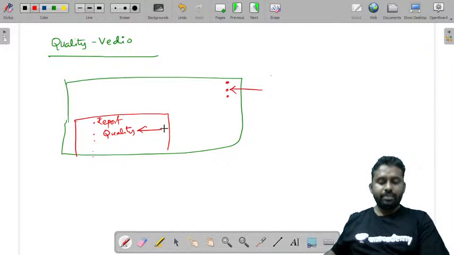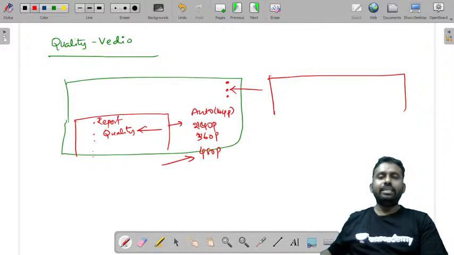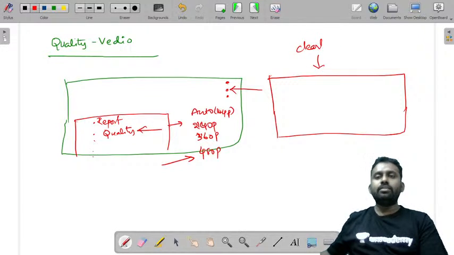Click on quality. There is another pop-up like auto, 144p, 240p, 360p and 480p. If you click on 480, you will be able to see the live session very clearly.